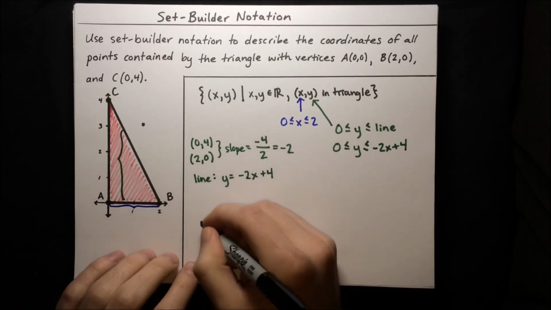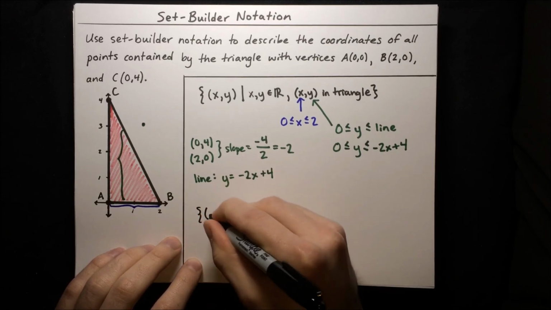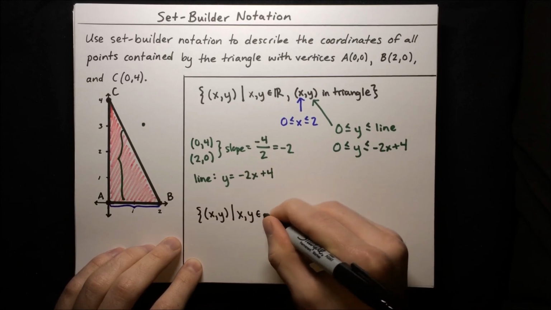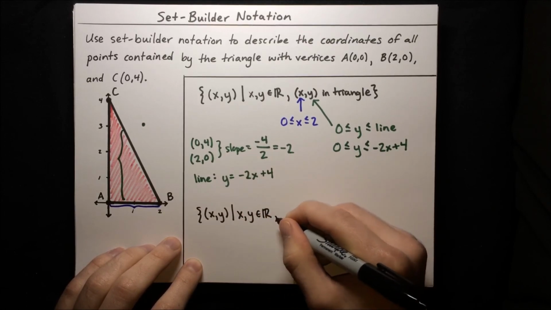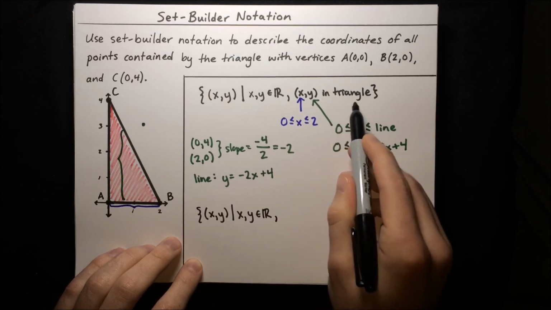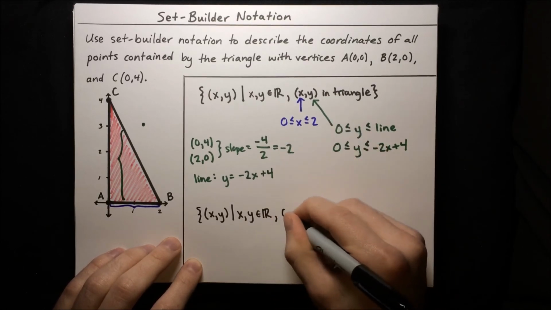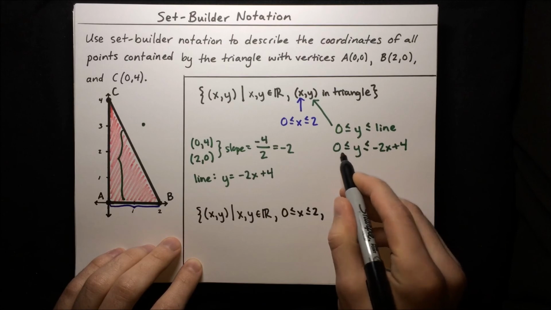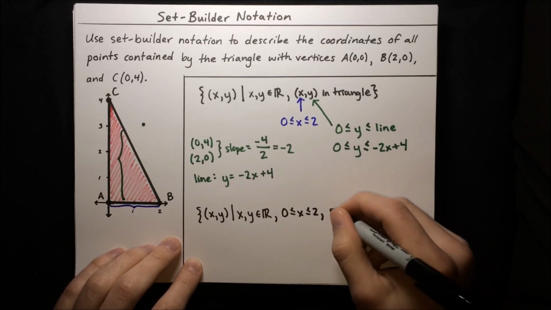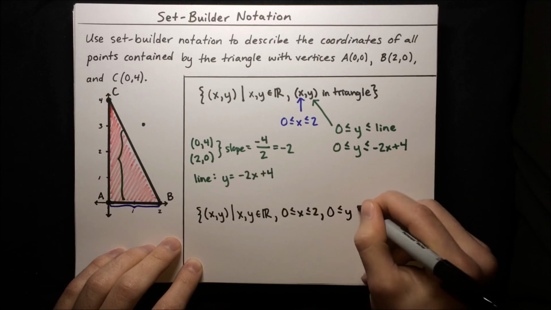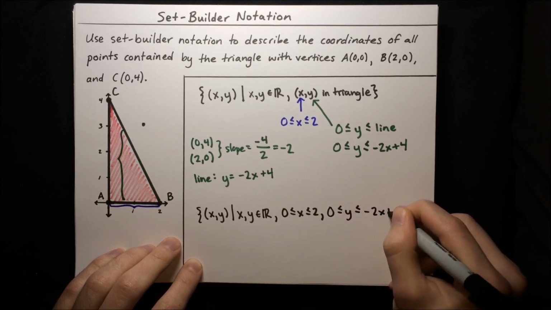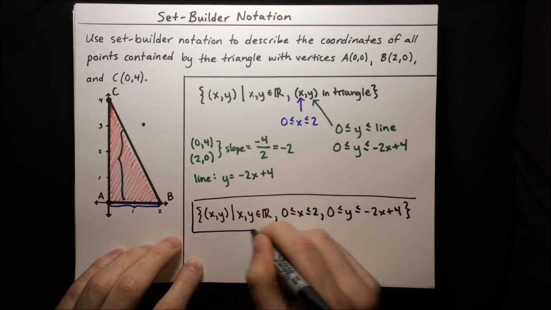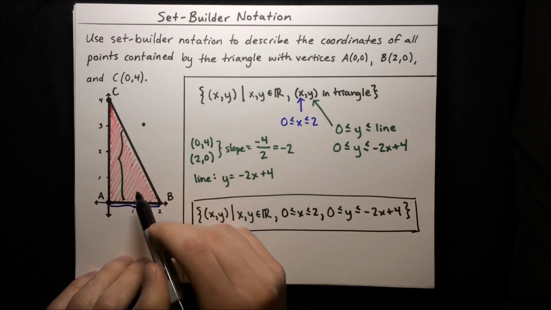So the final result is that the set is the set of coordinates (x, y) such that x and y are elements of the real numbers, and also the coordinate (x, y) is in the triangle, so that means x is between 0 and 2, and then y is between 0 and the line -2x plus 4. 0 is less than or equal to y is less than or equal to -2x plus 4. And there we go, we've got it. This set represents all those points inside of this triangle.